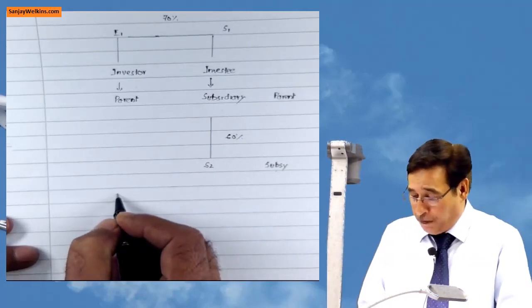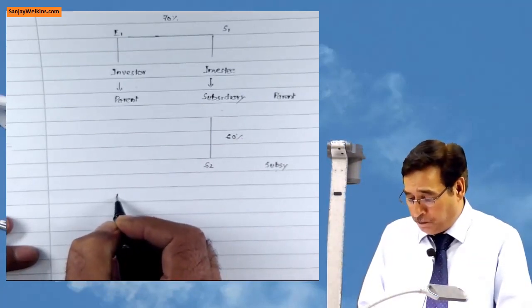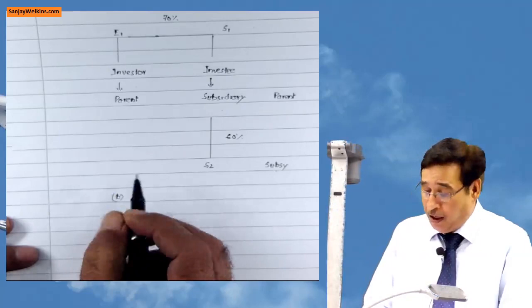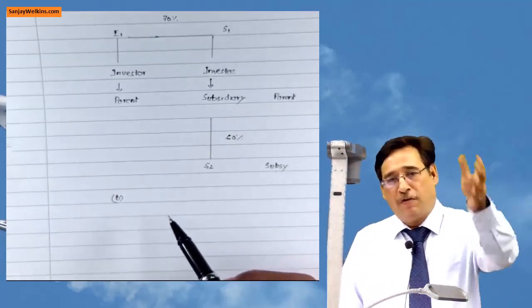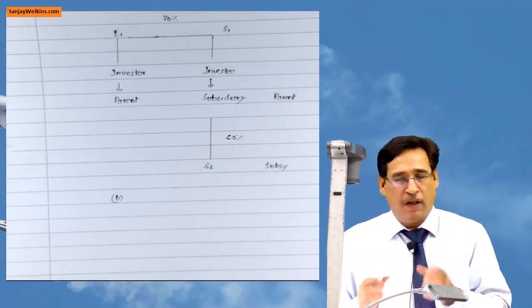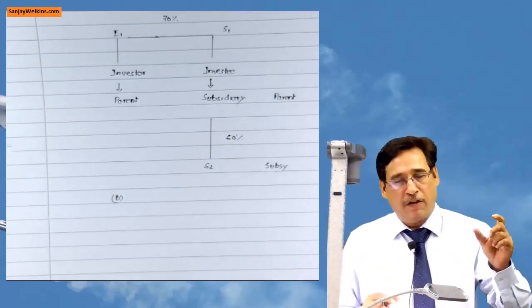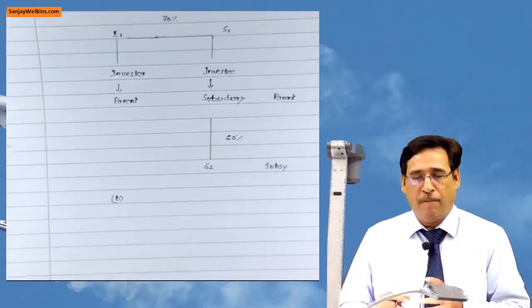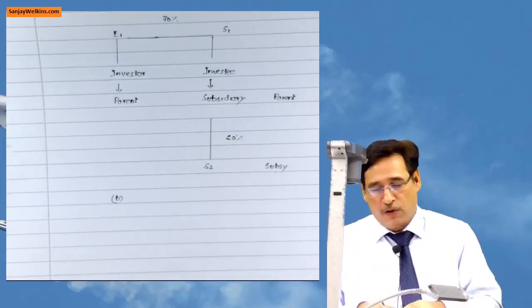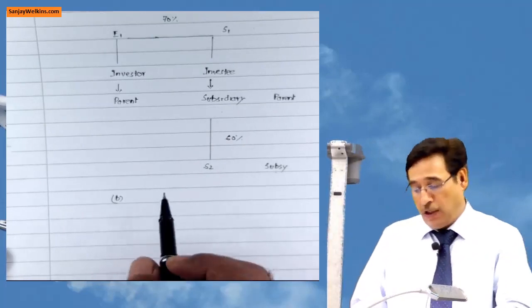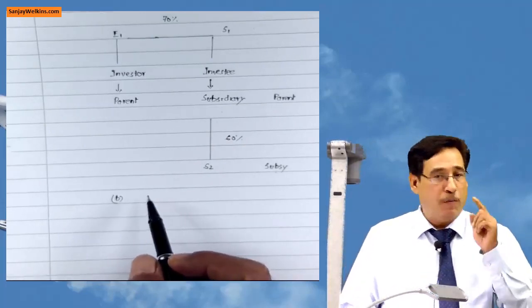What is the next one? Now suppose for a while it is established that a particular entity has control of another entity. If this fact has been established, then quite obviously consolidated financial statements will have to be prepared.